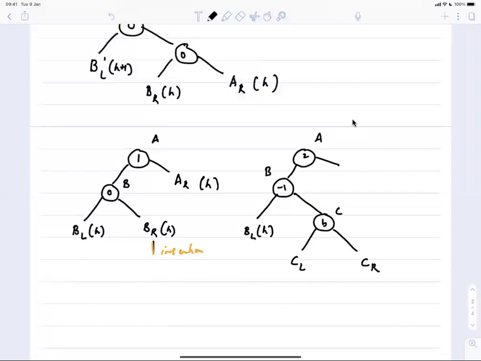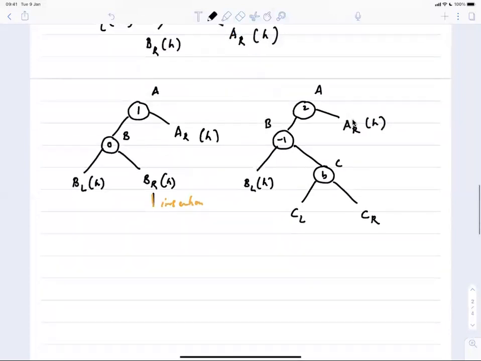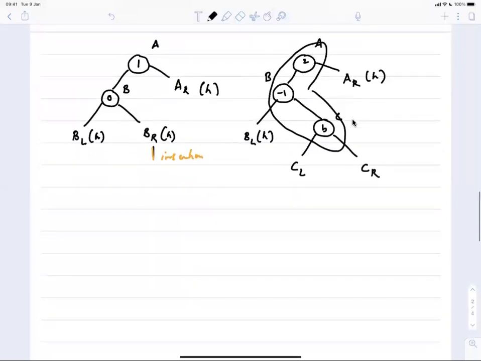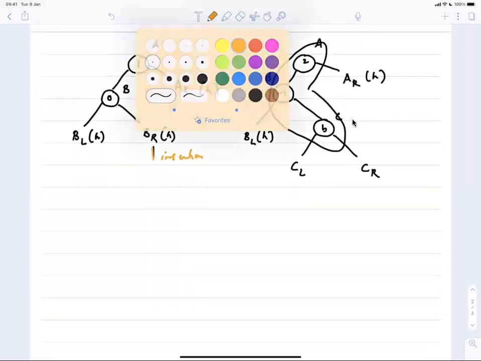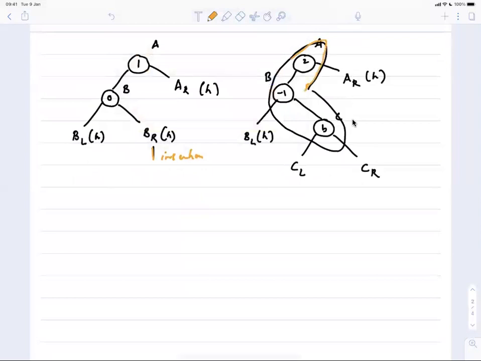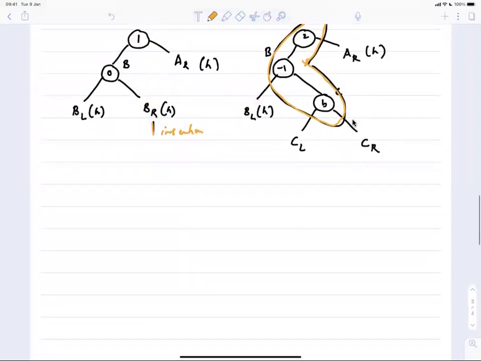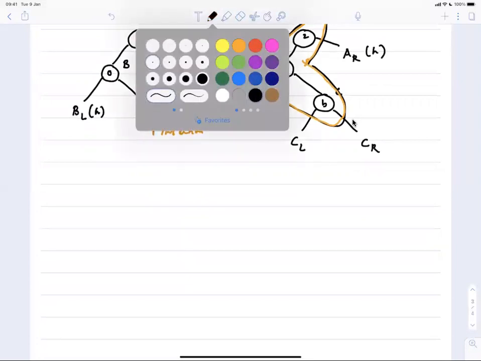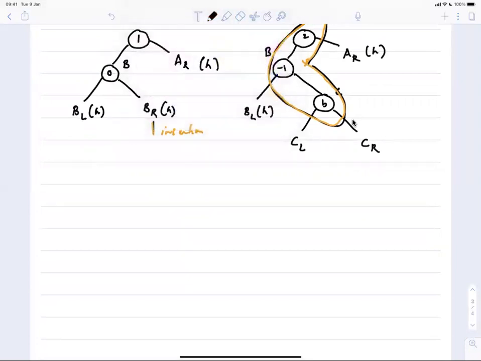And this is AR, again of height h. So that means this was originally h and it's becoming -1 over here. Now what do we do? Now we do a left-right rotation, and this is LR. We've already categorized this, and you can do the same thing for the other side, the right-left.